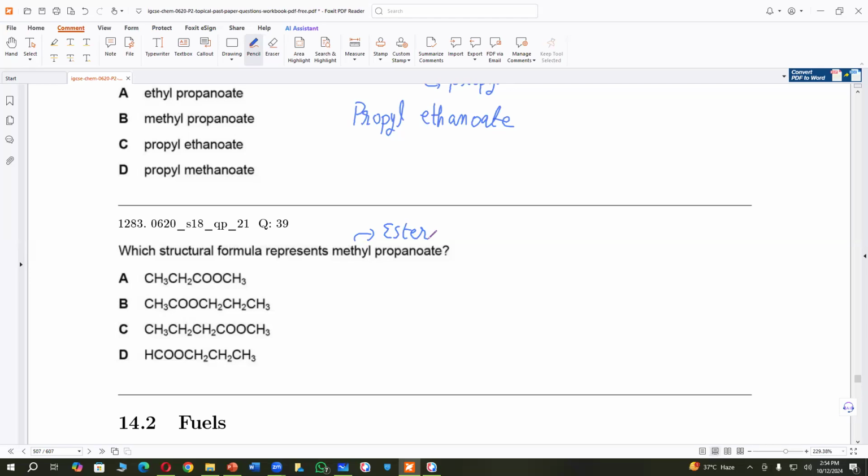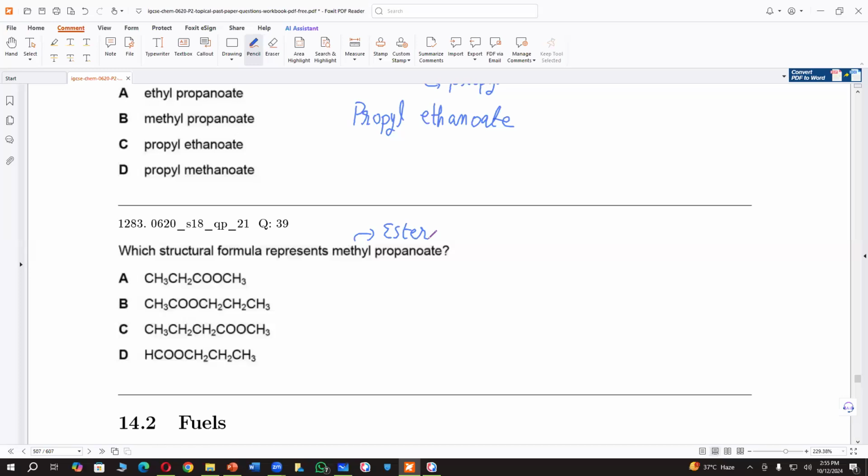Methyl is the alkyl part which comes after COO, and propanoate is the alkanoate part which comes before COO. I'm not sure.